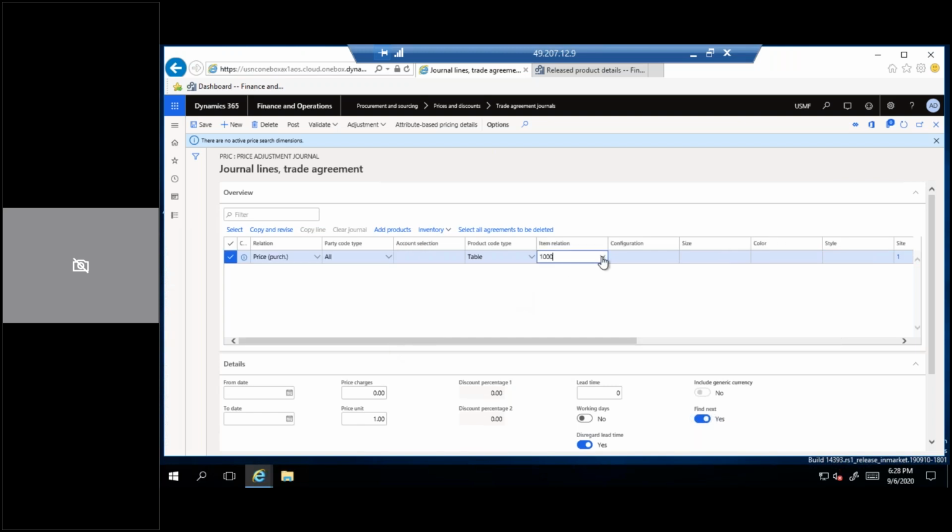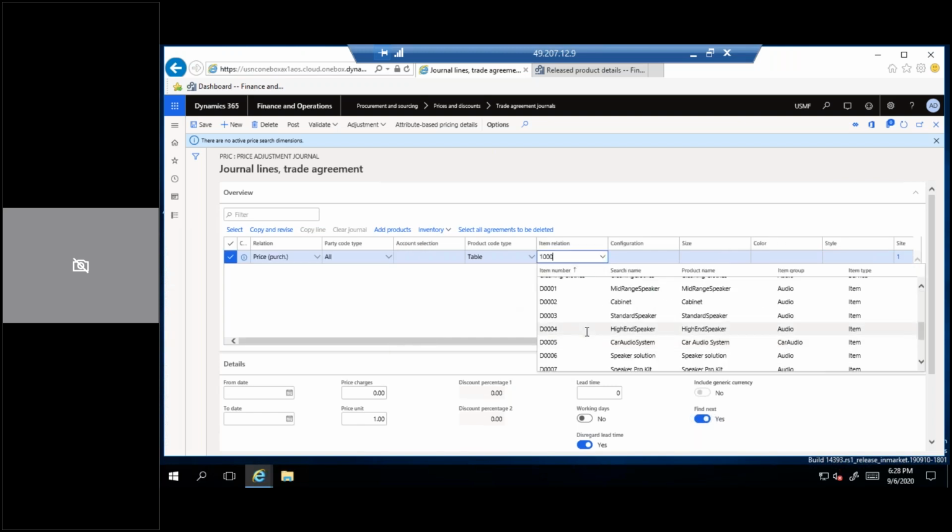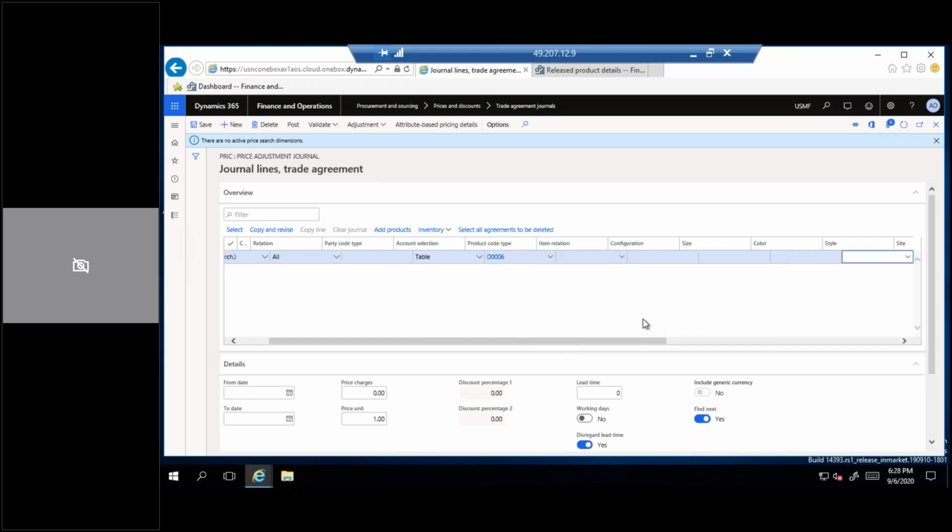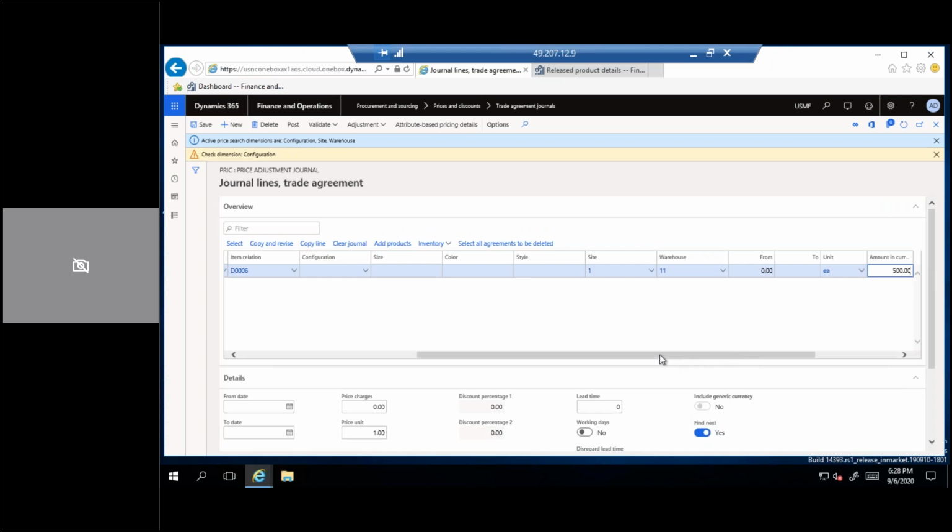I don't want this item. Suppose D006. And I can post. While entering here, dimension configuration is mandatory for this item.